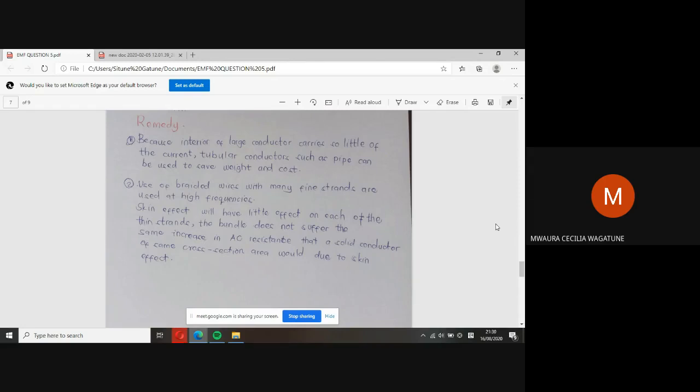The bundle does not suffer the same increase in AC resistance that a solid conductor of the same cross-sectional area will due to the skin effect. So it's recommended you use either tubular conductors or braided wires.